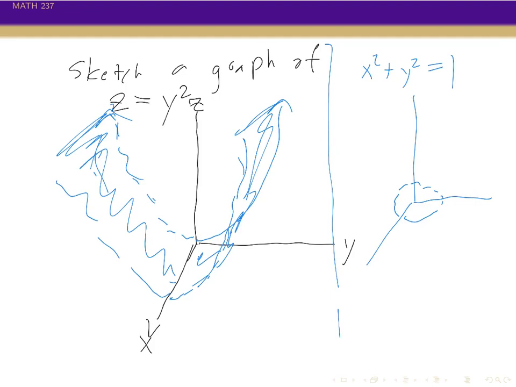And then z can be anything. So z is going up. What's the shape that you get from this? Well, you get a cylinder. And this is why these are called cylindrical surfaces, because cylinders can be made out of this.